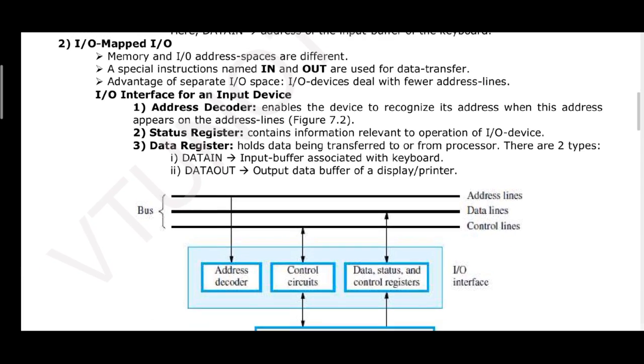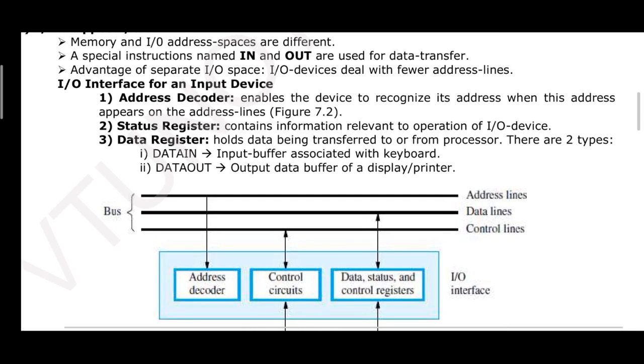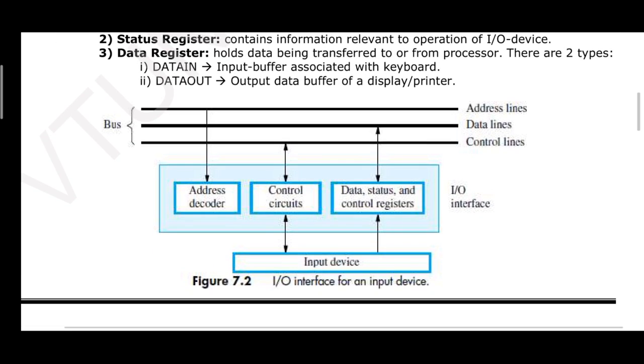Here you can see the diagram where the bus is separated and illustrated by considering three lines: one called address, another called data, and the third called control. The address bus communicates with the address decoder for verification of the location identity. The data lines communicate with the various registers and hence with the input device connection.